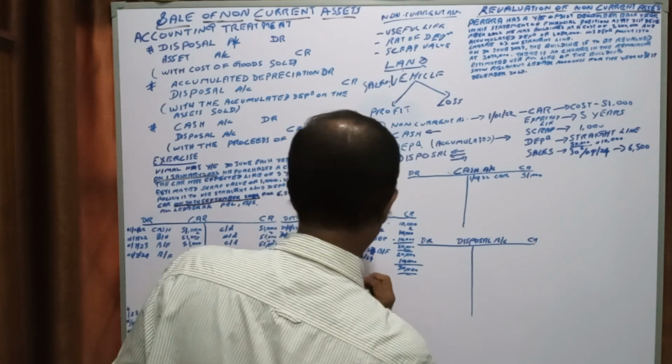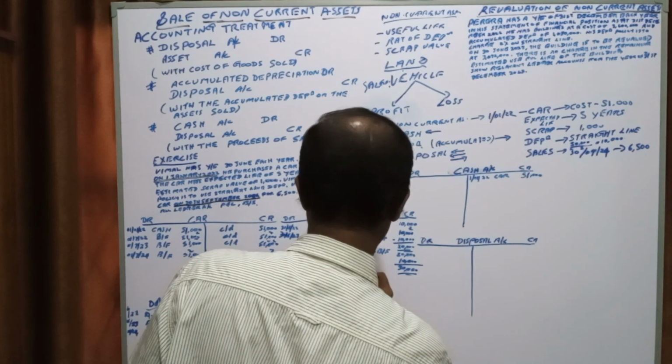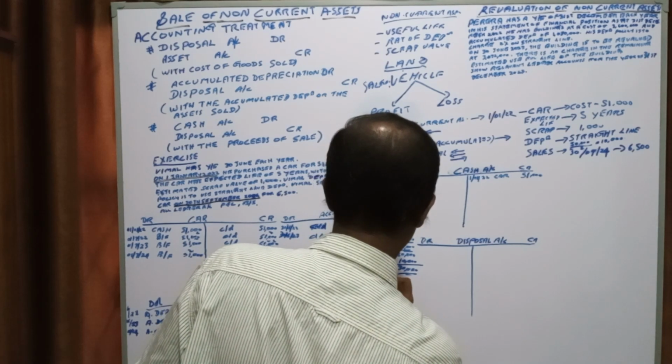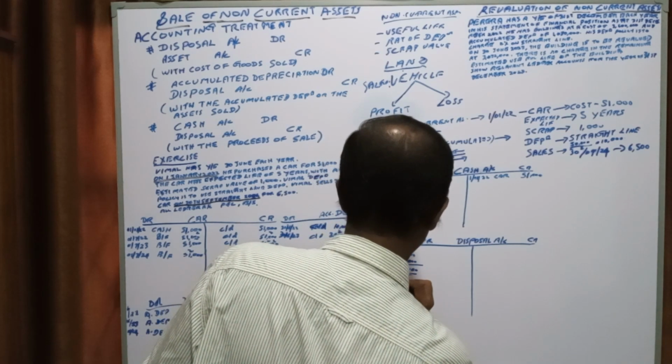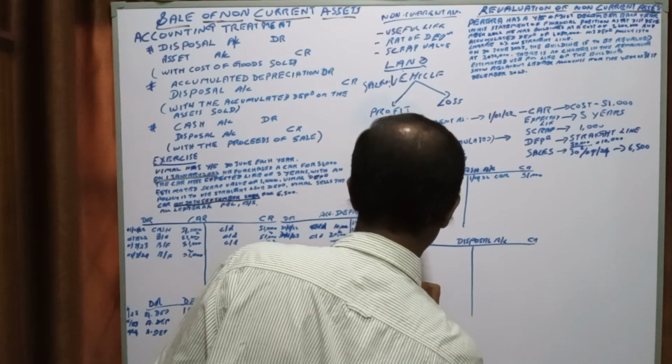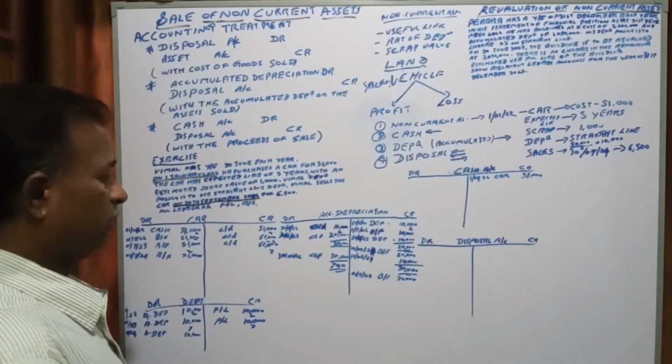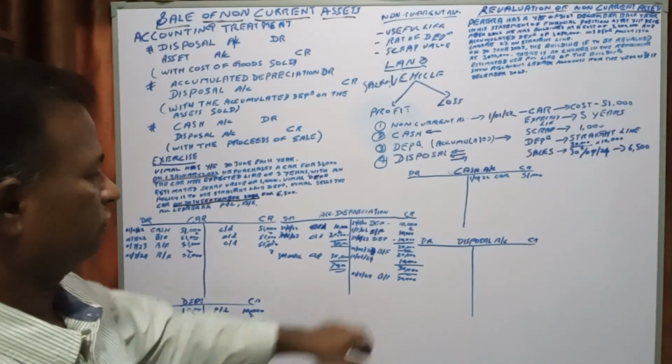Here on 1st of July 24, brought forward is 30,000, right? We have made the calculation up to July 24th.